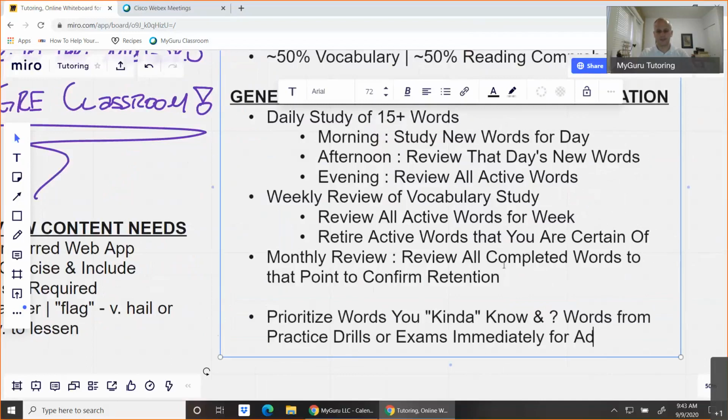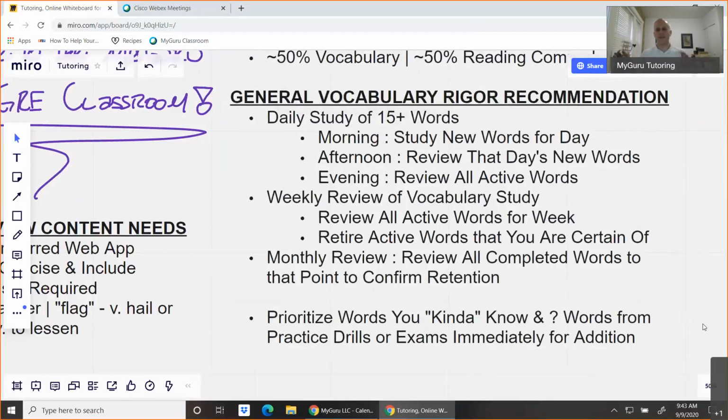Because the words that you've seen before but aren't 100% sure of are going to be the most damaging ones to you as you work through your vocabulary section of the GRE.